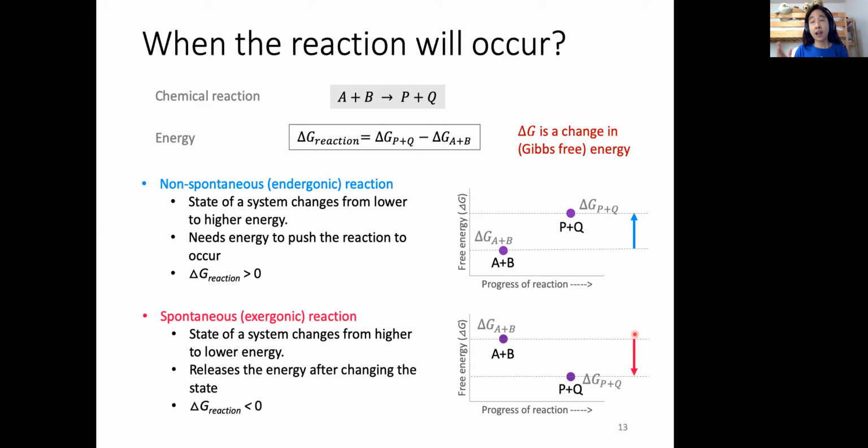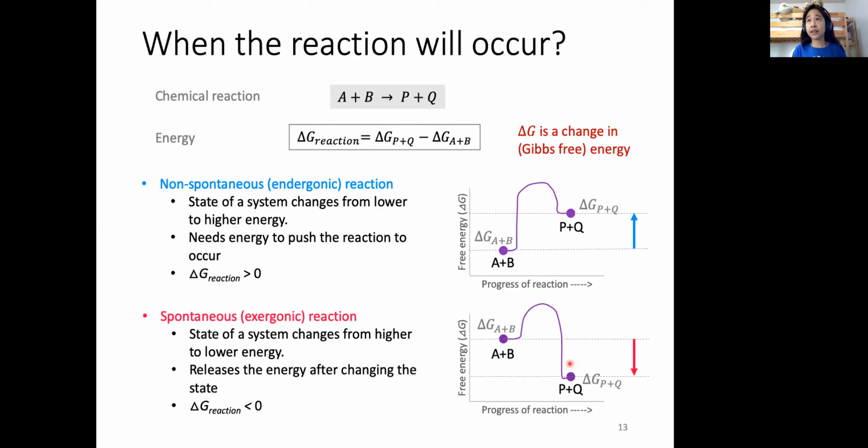All right. So we talked about the beginning, the reactants, and the products. We didn't talk about what happens in the middle, and it actually happens like this. A reaction doesn't only consider the start point and the end point, but we need to consider what happens in the middle.